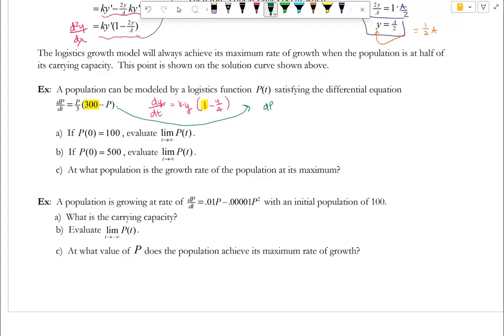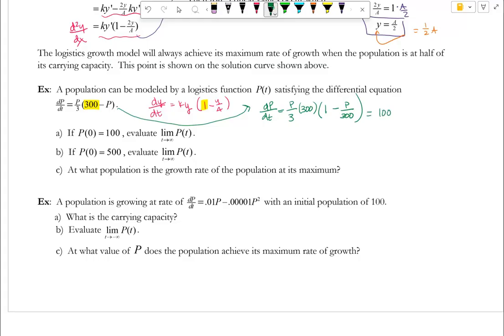So dP/dt is equal to P over 3. I'm going to pull out the 300. And now in parentheses, I'm left with 1 minus P divided by 300 because I have to factor that from both terms. So if I simplify this, that's like 300P divided by 3.